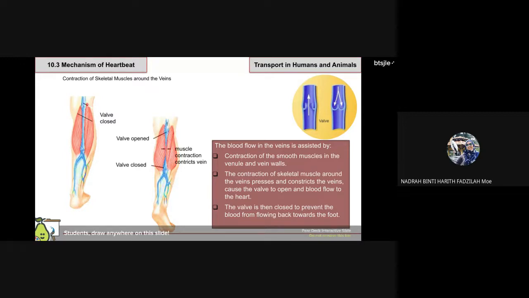So what happens inside our body at that particular moment is it will constrict the vein, pushing the blood inside the vein to go upwards. Bila muscle tu relax, darah tu tak dapat patah balik, because what we have previously done in our exercise hari Jumaat before cuti hari tu, we said that vein have valve.